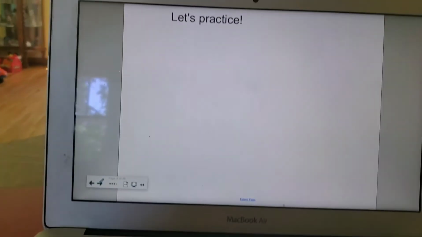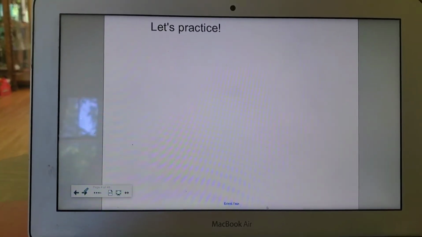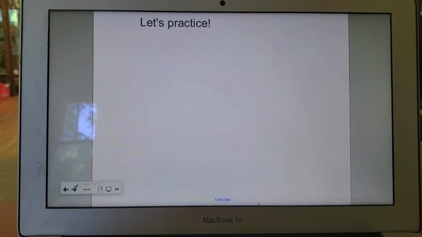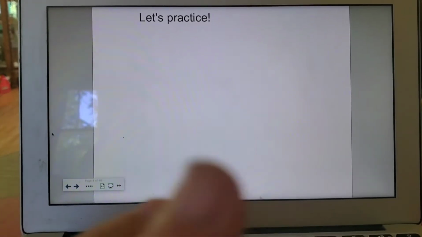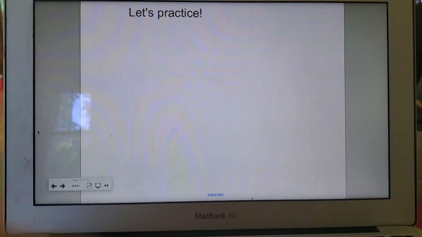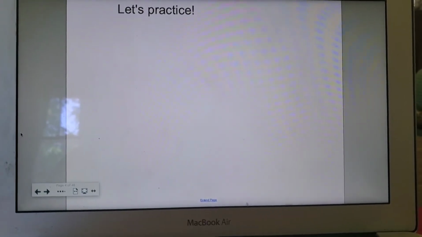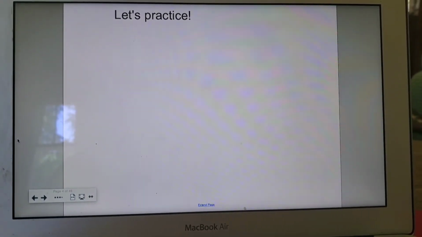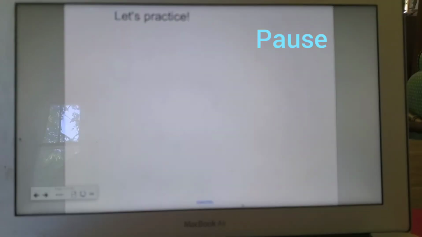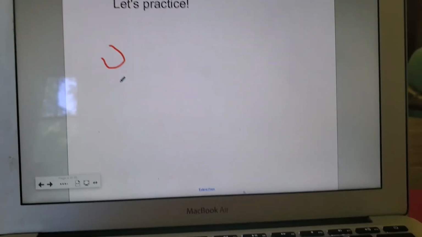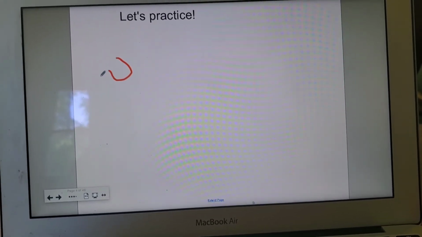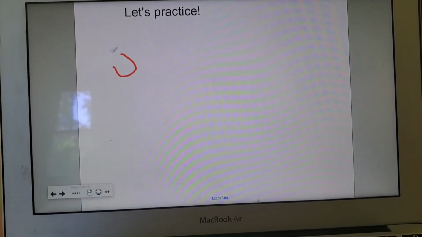Okay. So now I would like you to try to draw some shapes on here. I would like you to draw an open figure. It can be anything. So pause this video and draw an open figure on your piece of paper. And remember, an open figure has one side that is open. All right, so now I'm going to draw one. So look, I drew an open figure right here. See that? It has an open side.